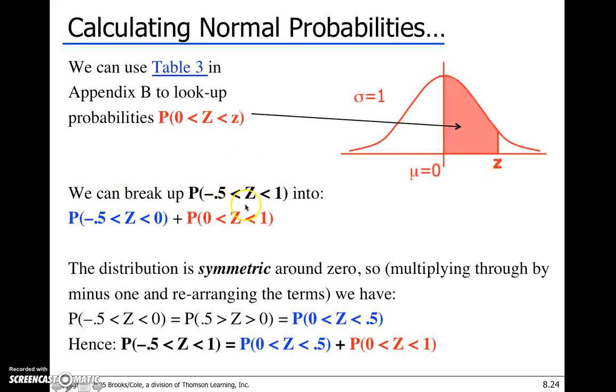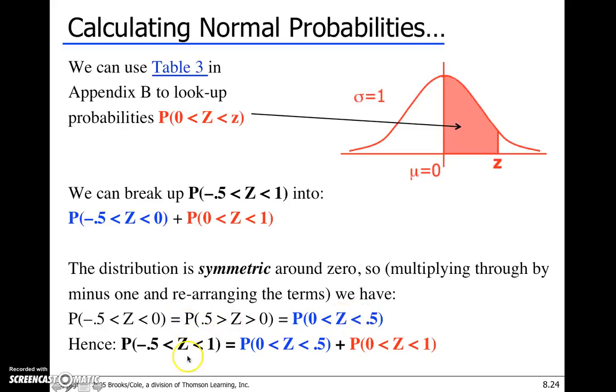So we break up z greater than minus 0.5 and less than 1 into z less than 0 and greater than minus 0.5, and z less than 1 and greater than 0. In red color-coded as shown, you want to find the probability z is less than 1, that is between 1 and 0. You want to find this area. The distribution is symmetric around 0, so multiplying by minus 1 and rearranging the terms, this is equal to that.